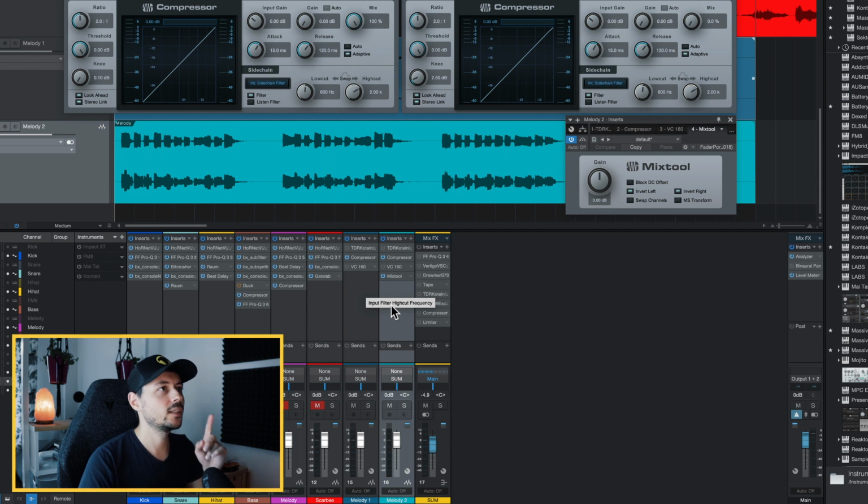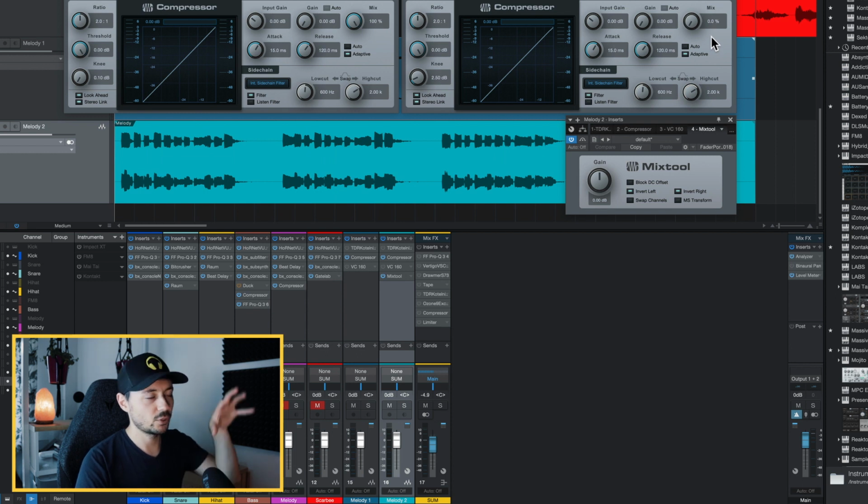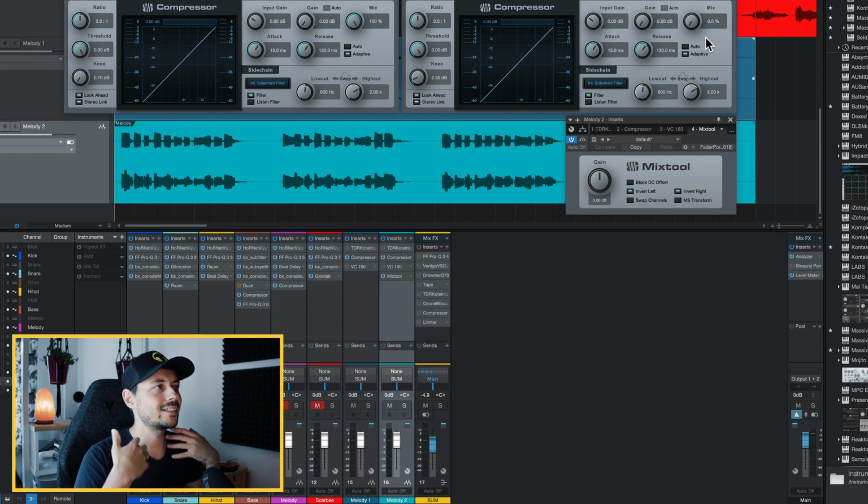Melody 2 is the same compressor, but the mix is at 0%, meaning that the processing inside this compressor doesn't apply to the signal. We will still hear the signal, but the compressor is not compressing. Even if the threshold is at 0, so nothing is compressed, it doesn't matter. I just want to know if this compressor does something to the sound in terms of phase issues.